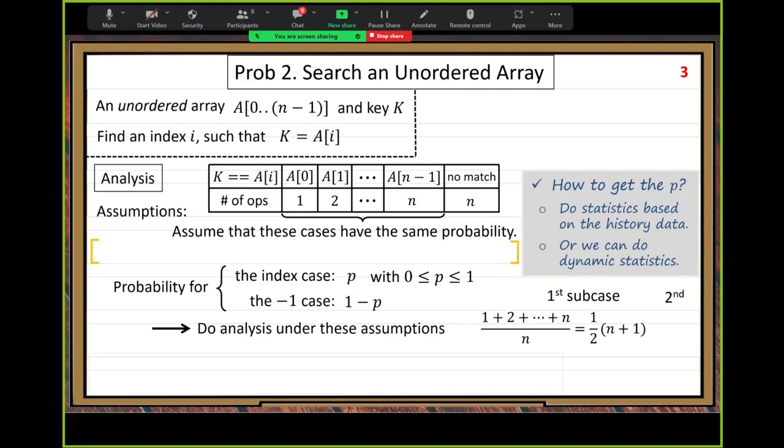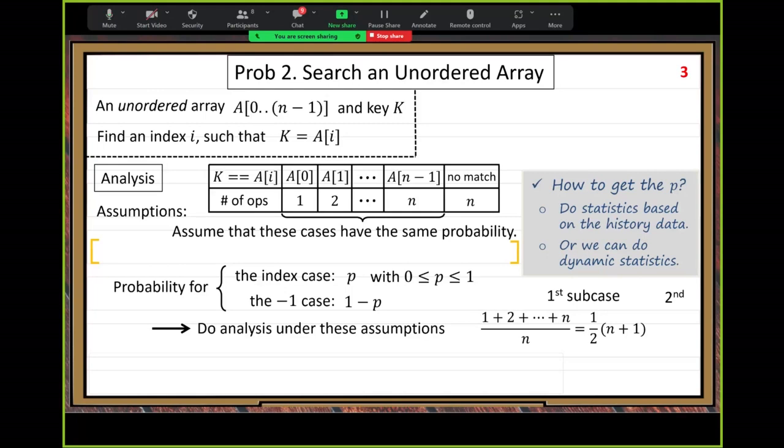So the sum of these n numbers over n cases, after simplification, is 1/2 times n plus 1. This is the average number of comparisons for the first subcase.